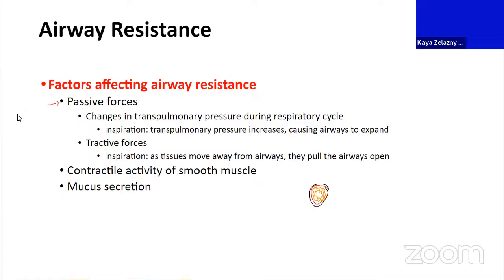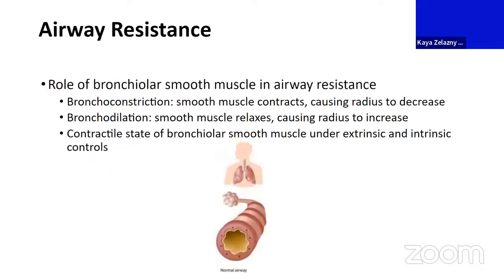So now our airway with extra thick mucus is smaller than it was before. So if we have too much mucus, essentially what we're doing is creating a small radius. So that's also going to increase our resistance if we've got a lot of mucus there. Okay. So we're going to focus mostly on what's going on with the smooth muscle.